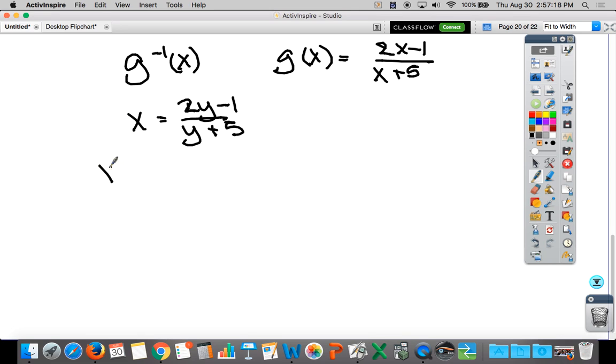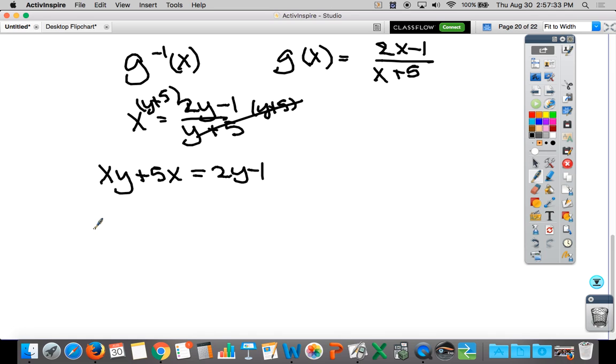So multiply, and I'm going to go on and distribute as I multiply. I'm taking this and putting it right here, and putting it right here. But those reduce to a 1. Bring my y terms together and my non-y terms together. Factor out a y.